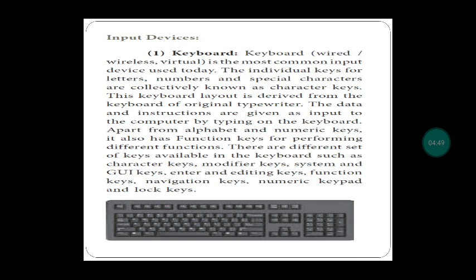In keyboard, the various keys are character keys, that is alphabetic keys, numeric keys, that is numbers, and functional keys, and special keys are also available. Special keys or editing keys mean comma, dot, semicolon. These are the special keys.